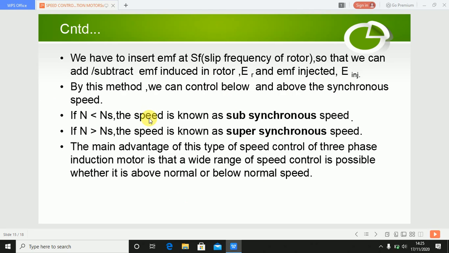Below the synchronous speed is known as subsynchronous speed. If we control the speed above the synchronous speed, it is known as super synchronous speed. The main advantage of this speed control is that the speed control is possible below and above the normal speed. Let us derive the equations for subsynchronous speed and super synchronous speed.